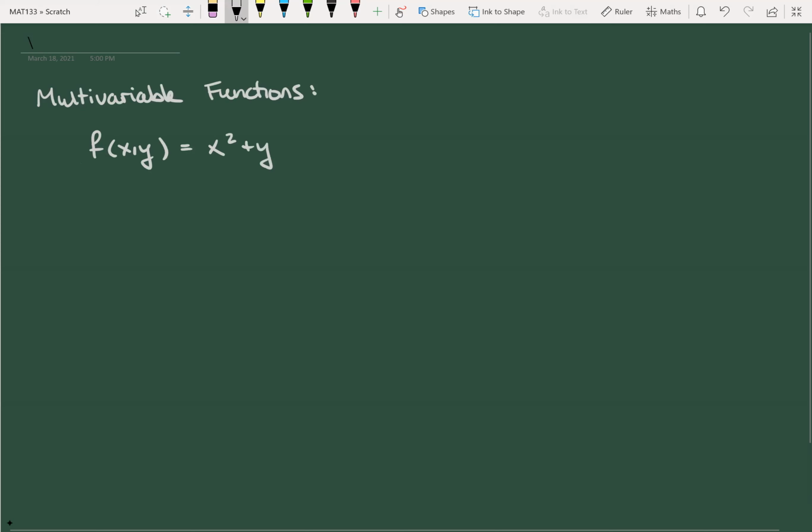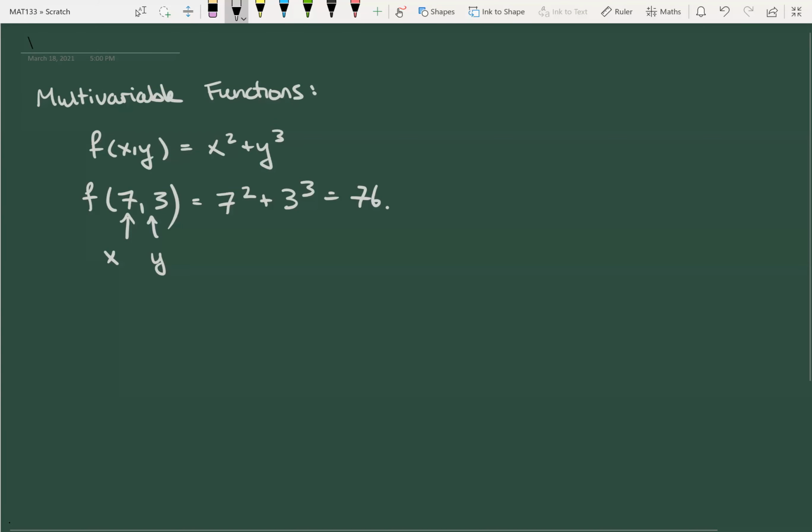Maybe I give you something like x squared plus y cubed. And y here has nothing to do with x, right? Nothing whatsoever. If you plug in the numbers 7, 3, that means that where you see an x, you're going to put a 7, and where you see a y, you're going to put a 3. And so we would evaluate that as 7 squared plus 3 cubed, 49 plus 27, which is 76, whatever number it is. Okay?